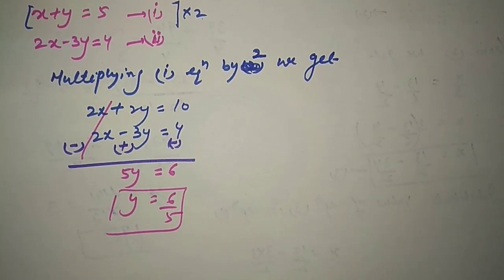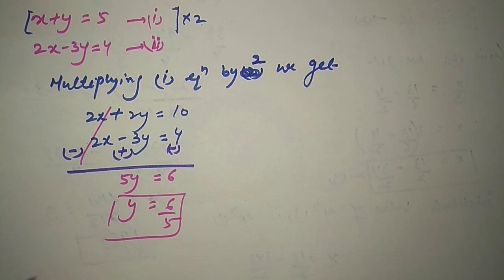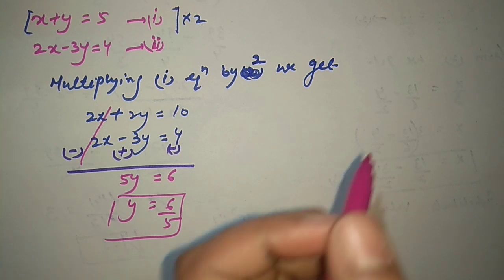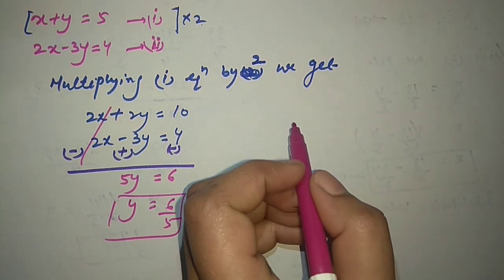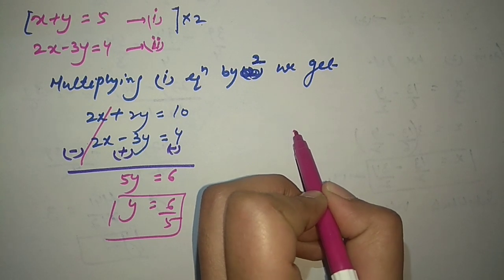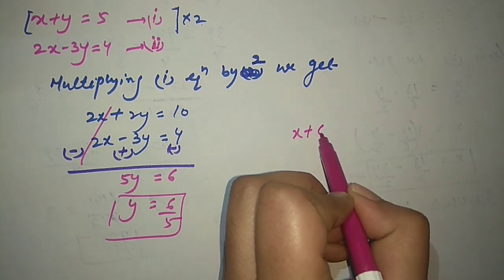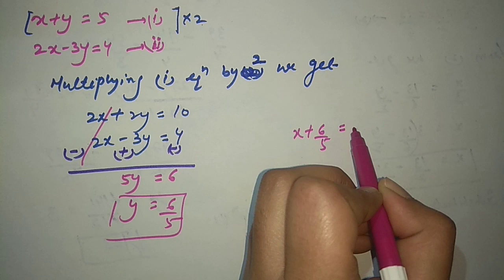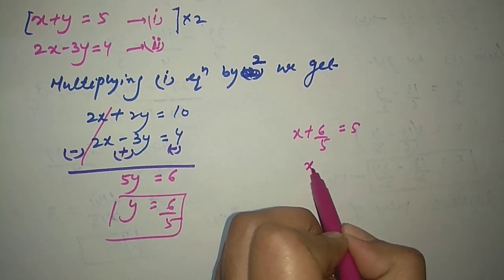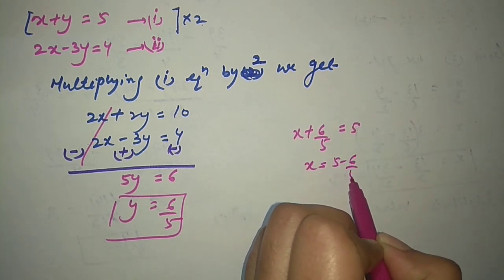So here we have our first value. Now I want to find the value of x. So substitute this value in the first or second equation. I am substituting this value in first equation. So I get x plus y, that is 6 by 5, is equals to 5. So x is equals to 5 minus 6 by 5.